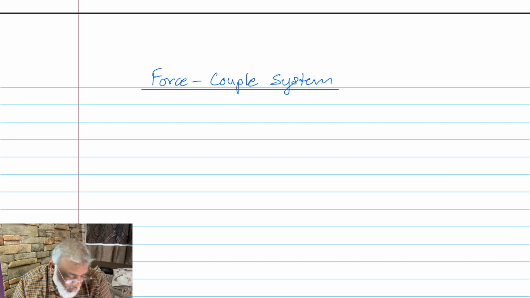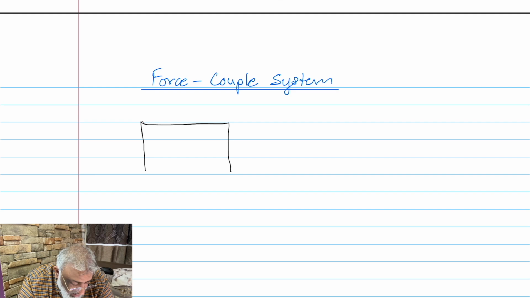Let's talk about force couple system. Now, what's force couple system? We have seen that, say for example, we have a rectangular body with some dimensions, length and breadth.